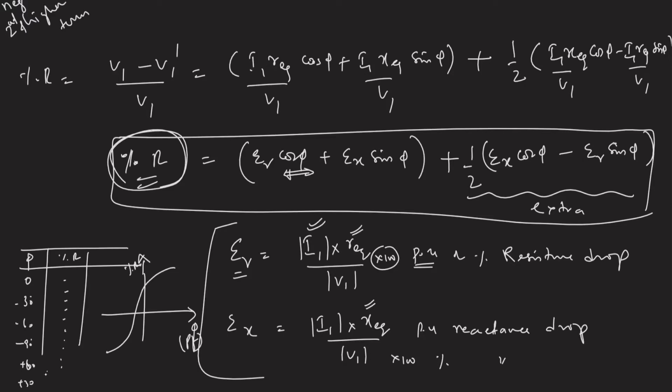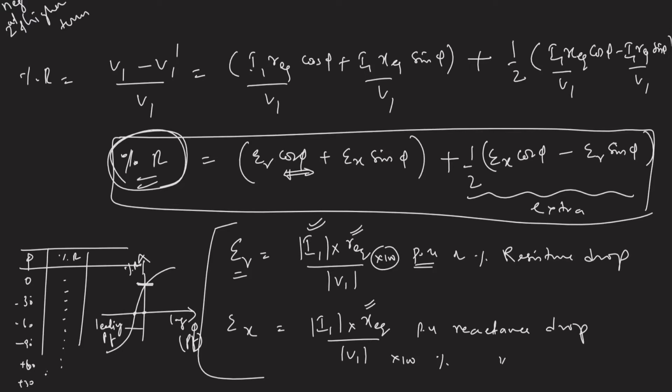Somewhere you notice that this is going to have a zero regulation. This is the lagging side, this is the leading power factor, right? At unity power factor, at a zero power factor angle, there will be a positive regulation, 1% or 1.5% of positive regulation.